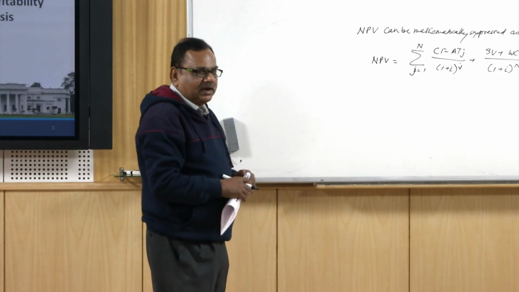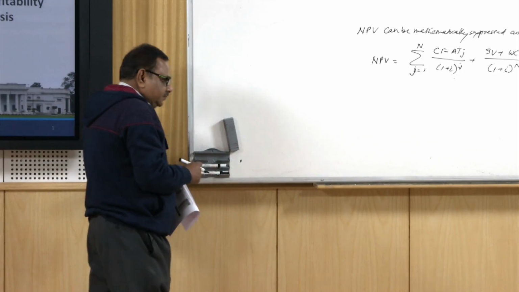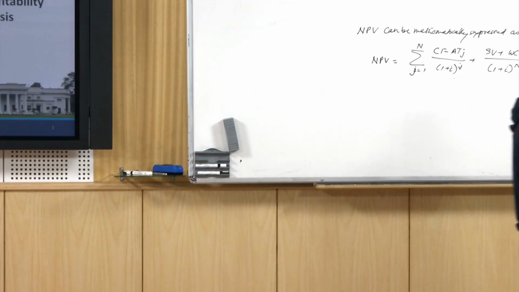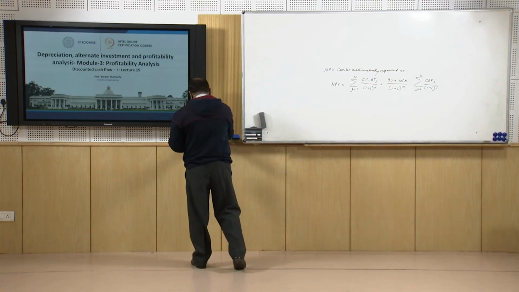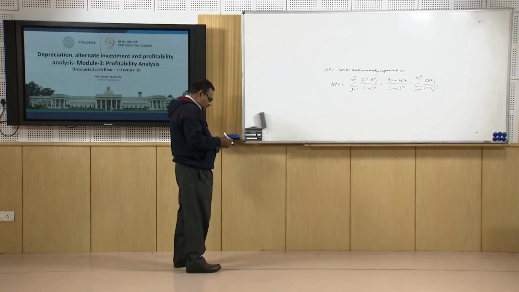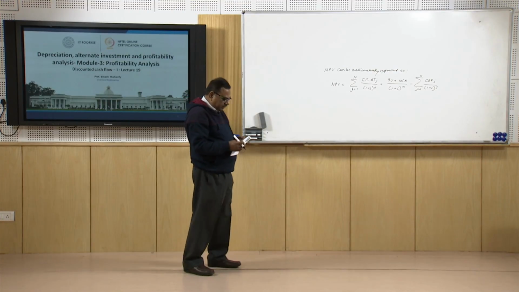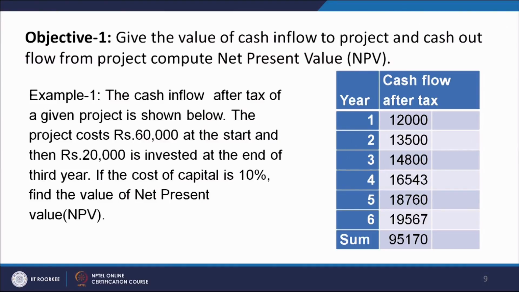Now, through examples let us explain this. So, for this purpose we take example number 1. The objective of this example is, given the value of cash inflow to the project and cash outflow from the project, compute the net present value, that is NPV. The cash inflow after tax of a given project is shown below.